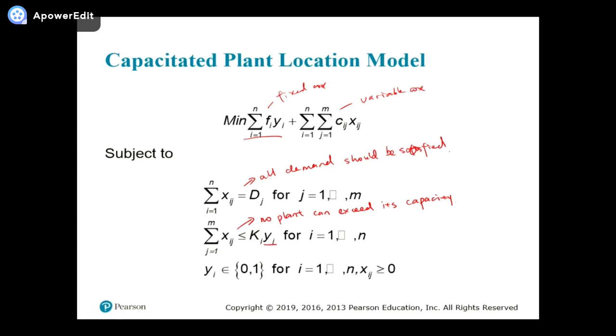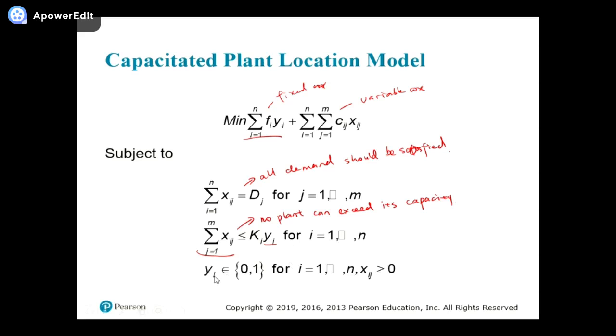If I decide to open the facility, then the total amount produced in this facility should be less than or equal to the total capacity. If I don't open a facility, meaning that y is equal to 0, then that means there's no production happening in this location.